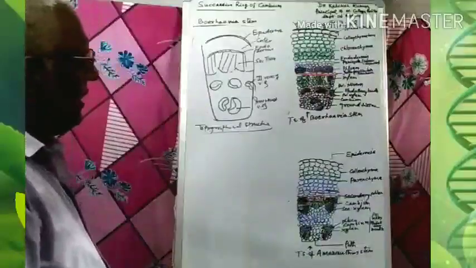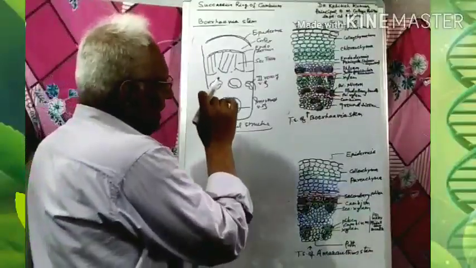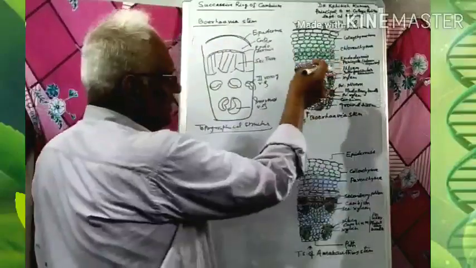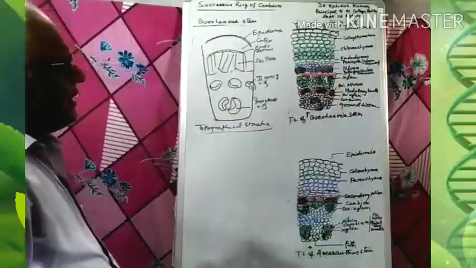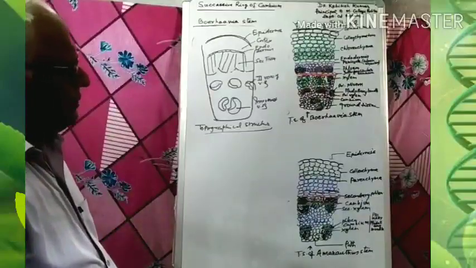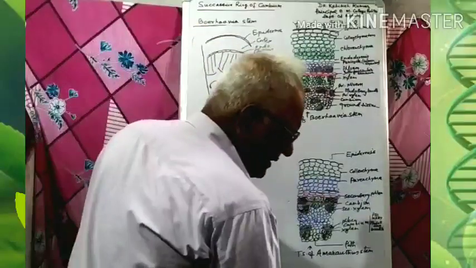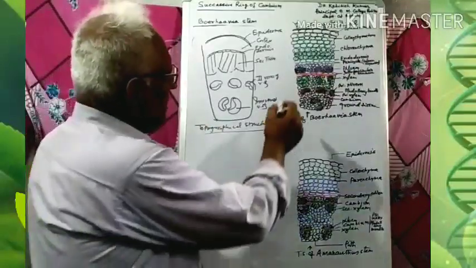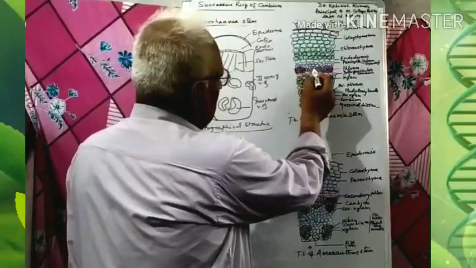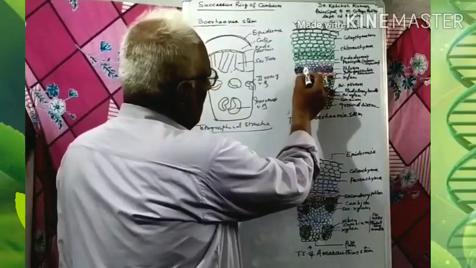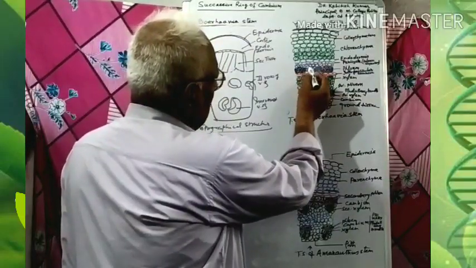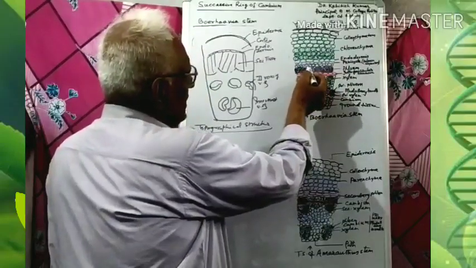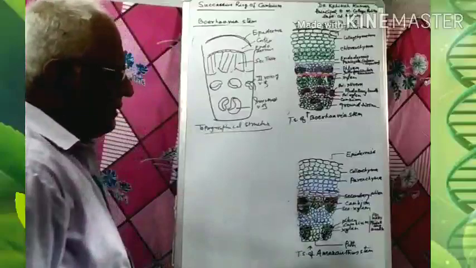The ring of cambium which is formed next contains extrafascicular cambium, and in between the two, this secondary tissue of phloem, the portion of the cambium which is formed next to it is known as the interfascicular cambium.